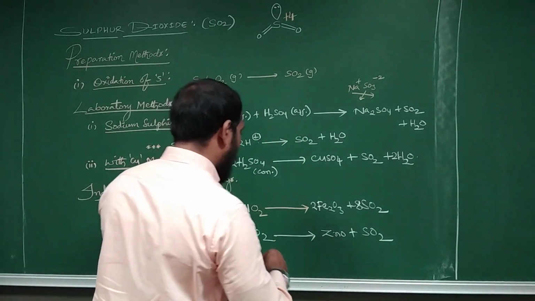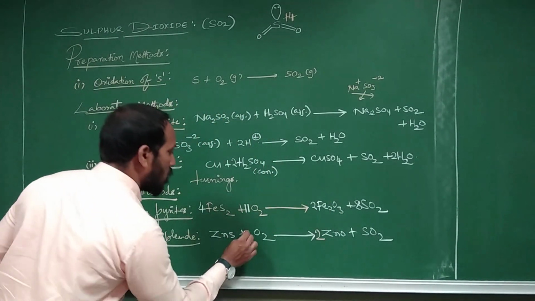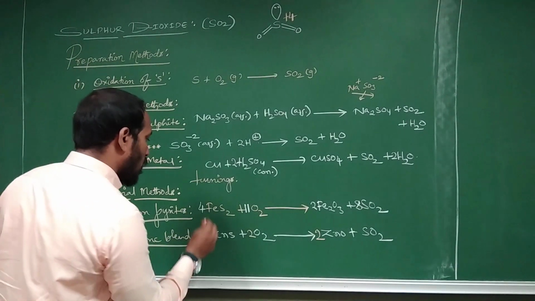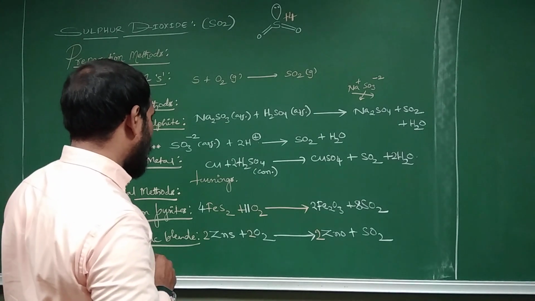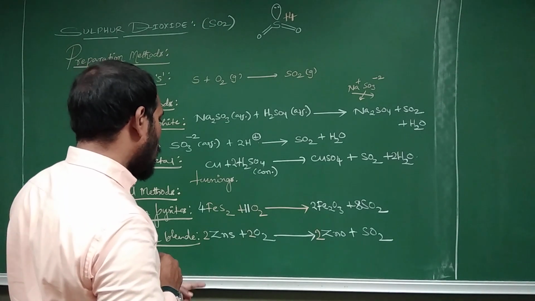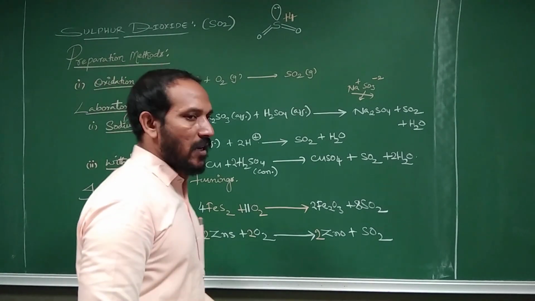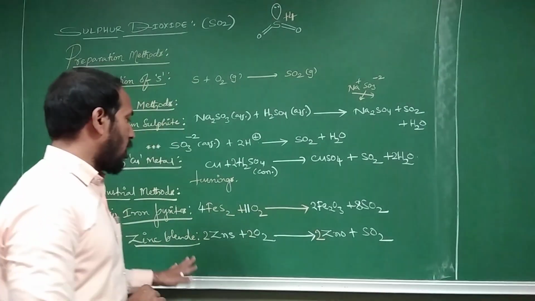So here I am taking 2 moles of zinc oxide, so 2 plus 2, 4 oxygen, so 2 moles of O2. Clear? So here 2 moles of ZnS, 2 zinc oxide, 4 oxygen. Everything is balanced. So like this the reaction can easily take place to form sulfur dioxide.